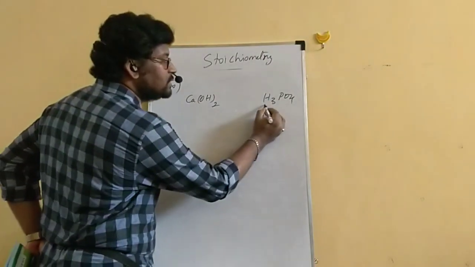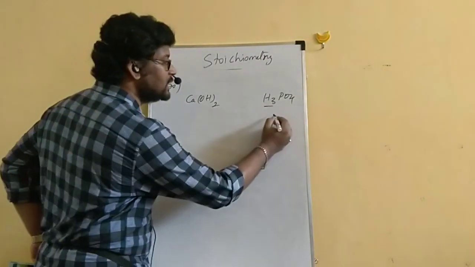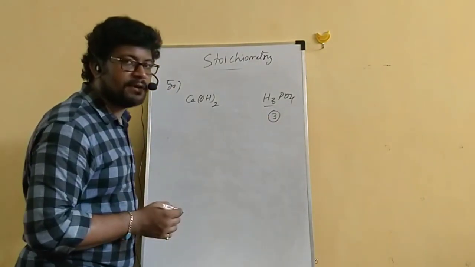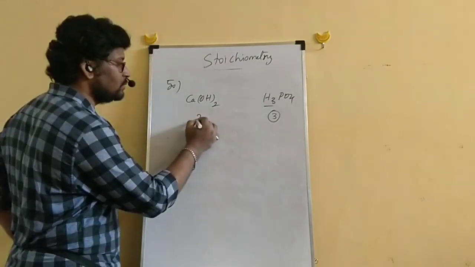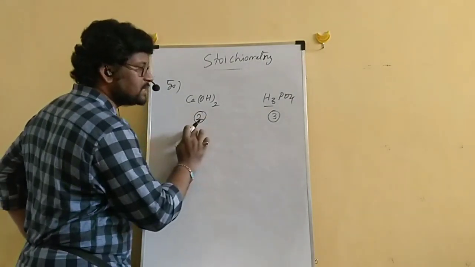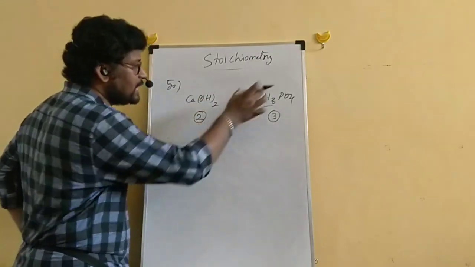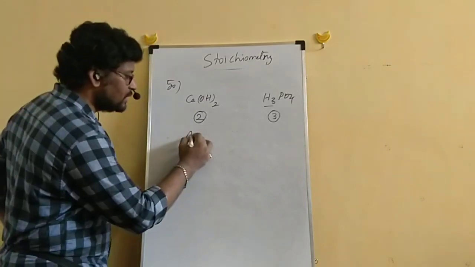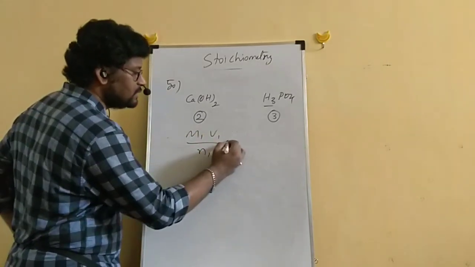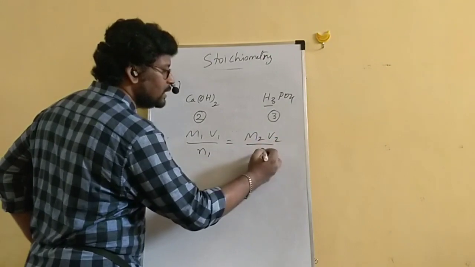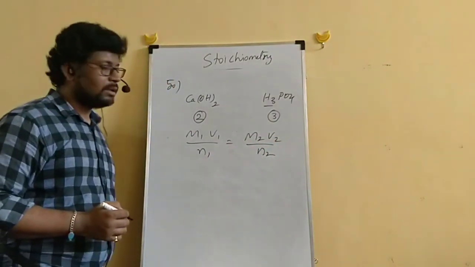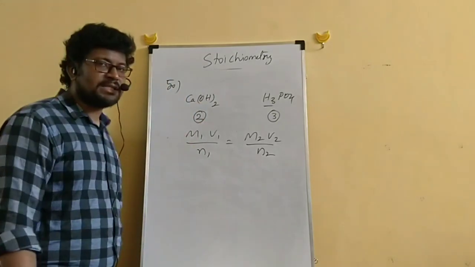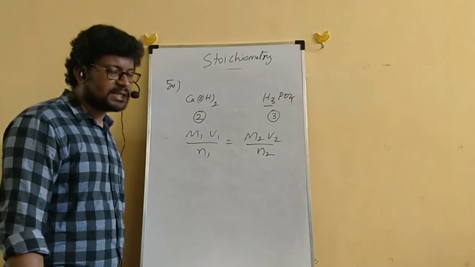How many hydrogen ions can be given out by H3PO4? That is 3 H plus ions. How many OH minus ions can be given by Ca(OH)2? That is 2. These numbers of OH minus ions and H plus ions in base and acid are not the same.